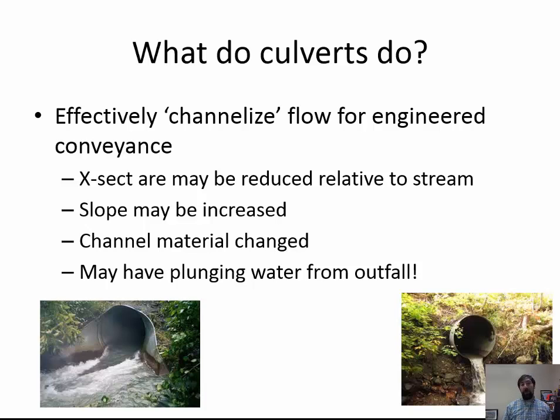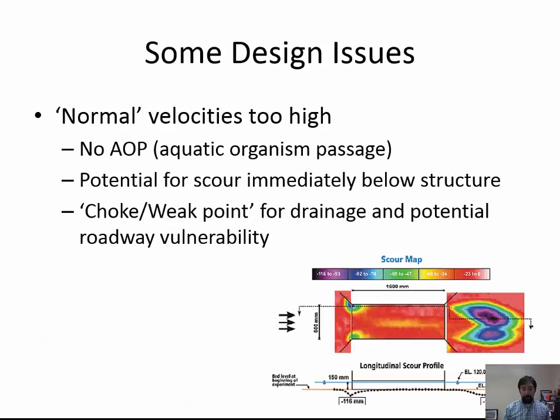Now we're putting it through something that probably has a very low Manning's n value, something very conducive to moving water through it, like corrugated metal or concrete. We've smoothed it out and taken out any of the rough stuff. We could also have plunging water coming out of this, which, unless we're in some sort of bedrock environment where waterfalls might be more present in the stream network, we tend not to see from a stream, because the slope tends to be more uniform.